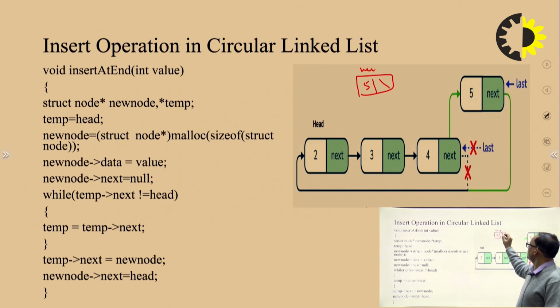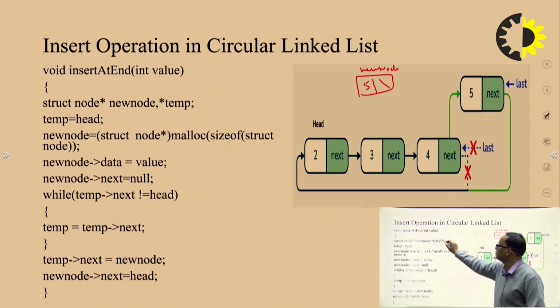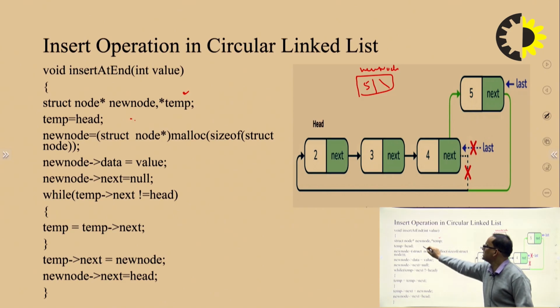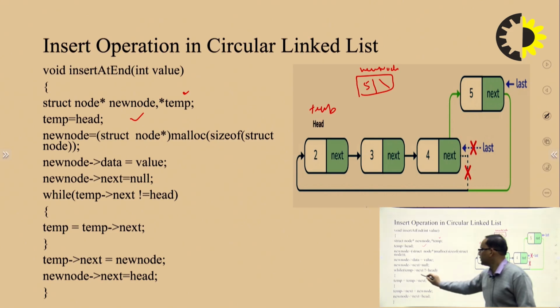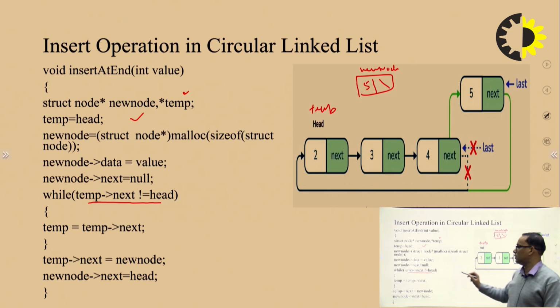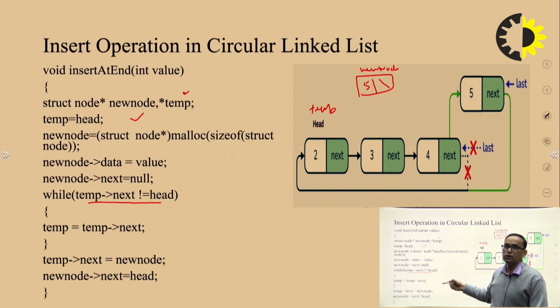Now we have to add this new node. This is our new node. We have to add this new node at the end of the circular linked list. So at first we have to traverse the circular linked list till the end. For that purpose we are using temp. Since temp is initialized with head, temp will point to the first node initially. In this step, temp arrow next not equal to head is the condition that represents coming to the last node.